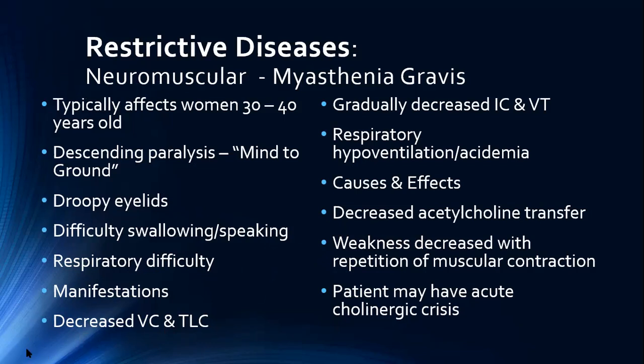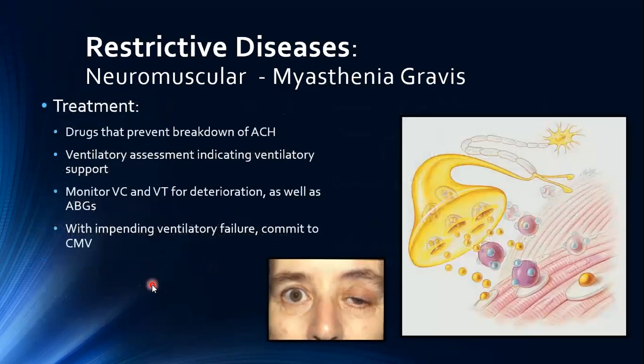Okay. All right, so neuromuscular, the next one, we're still talking about myasthenia gravis. This is kind of the treatment for it. The treatment for it will be drugs that prevent the breakdown of acetylcholine, right? So I don't want to break down the acetylcholine no more, so I need to stop giving the Atrovent. If they're on Atrovent, I'm just going to switch them to albuterol only, all right?